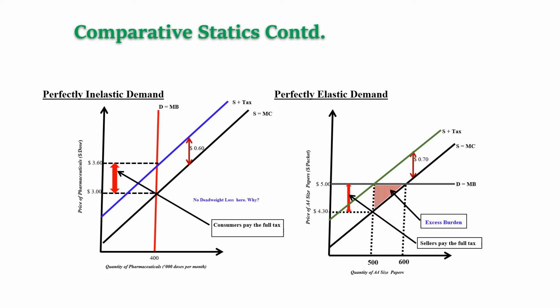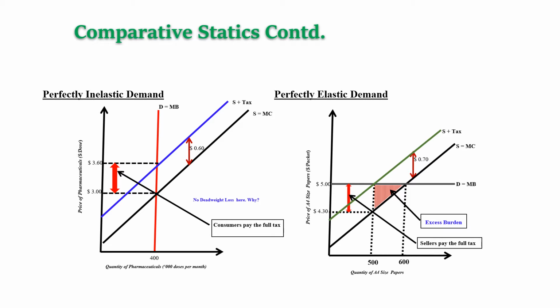And so what happened here? Now we see the revenue obtained here, right? The revenue as a result of the tax is this small rectangle. This empty rectangle, that is the total revenue. That is the tax revenue.